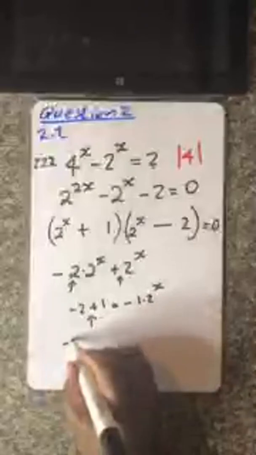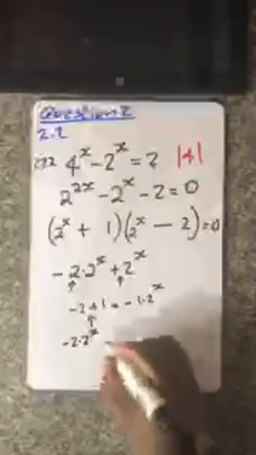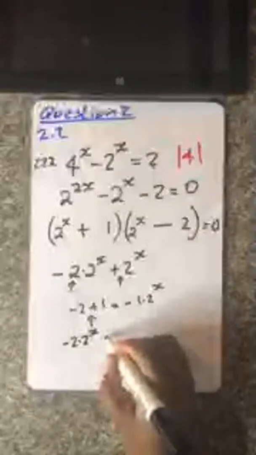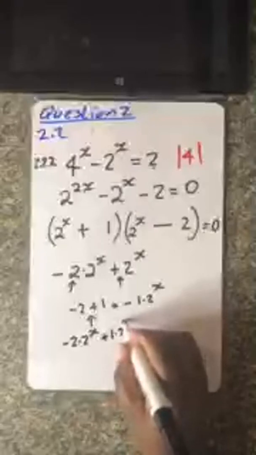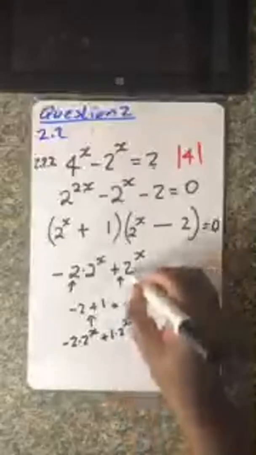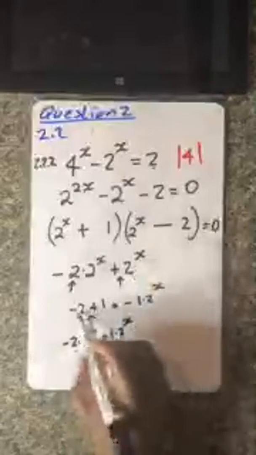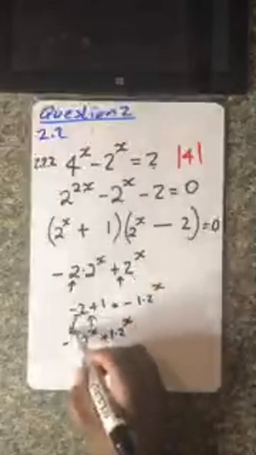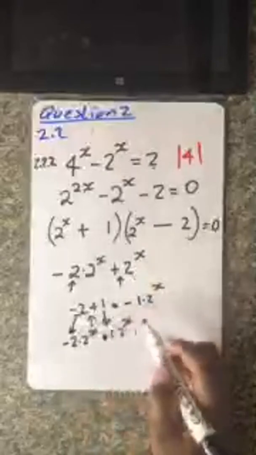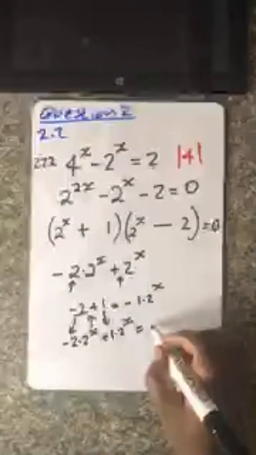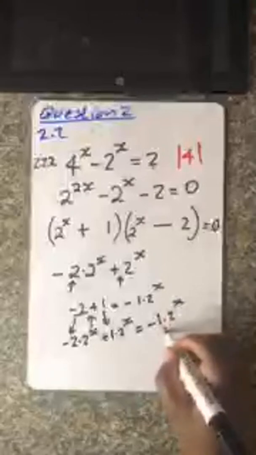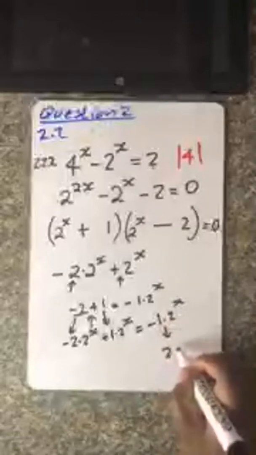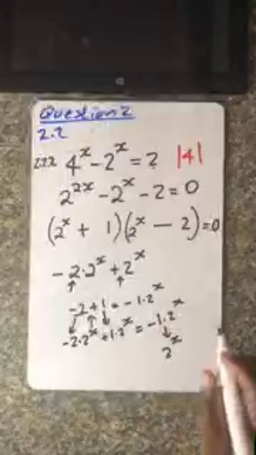It's more like you've got minus 2 of 2 to the exponent x plus 1 of 2 to the exponent x. So that's minus 2 plus 1, which gives you minus 1 of 2 to the exponent x, which is the same as minus 2 to the exponent x.